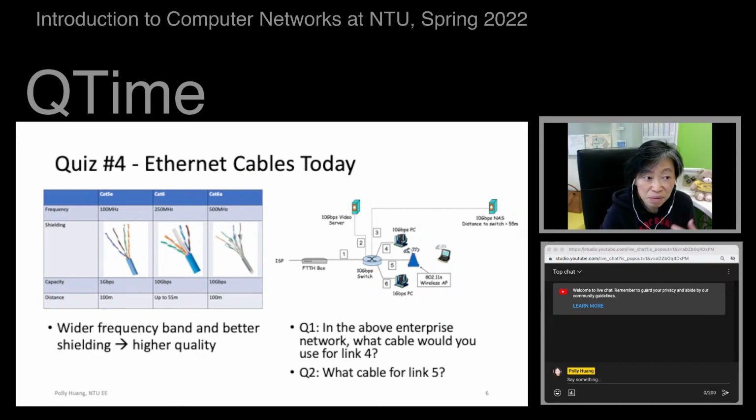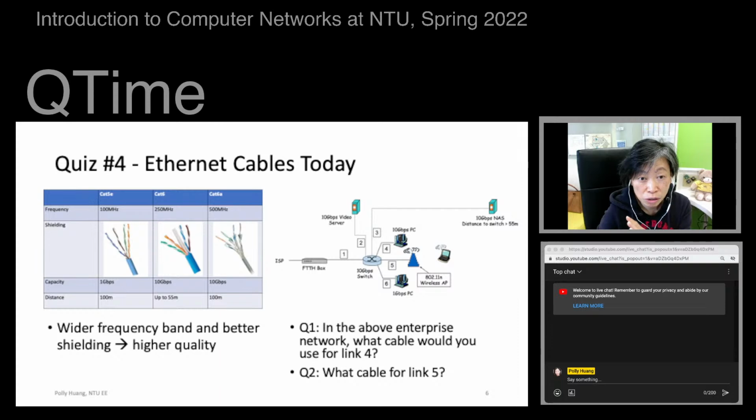As a result, the bandwidth allowed for each of these cables increases gradually from older generation 1 gigabit per second to 10 gigabits per second. So if you have a 10 gigabit Ethernet switch, then you might want to choose the more recent generation Ethernet cable. Otherwise, your transmission speed is going to be limited by the cable itself.